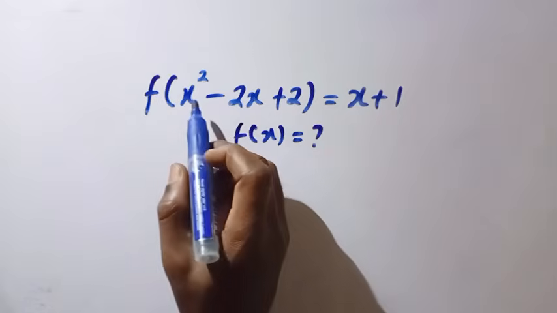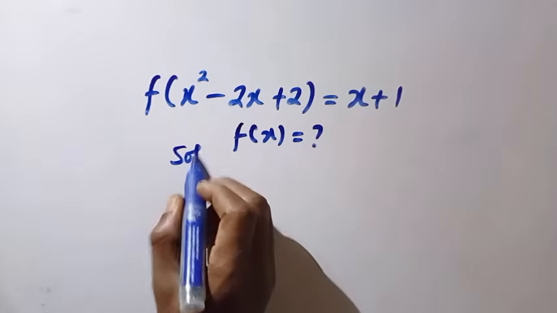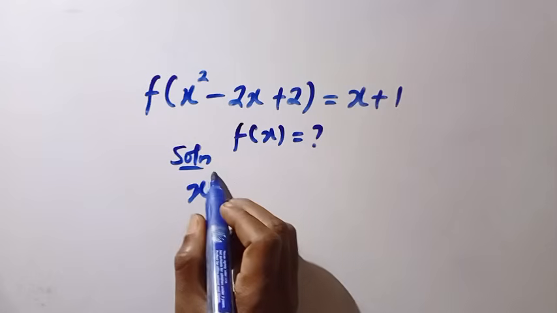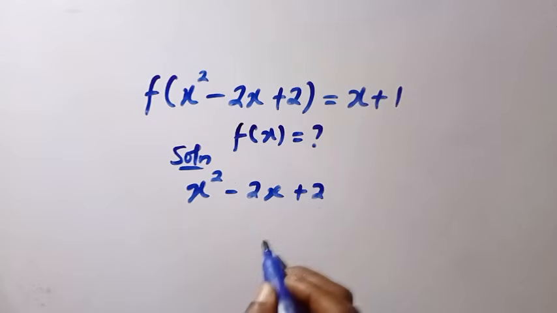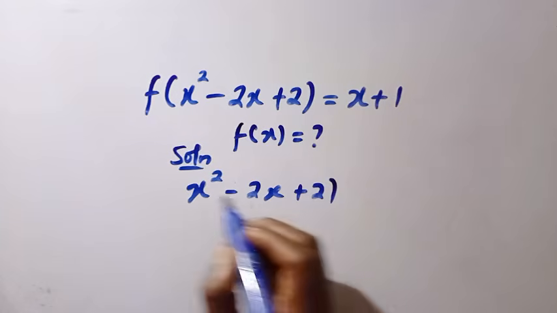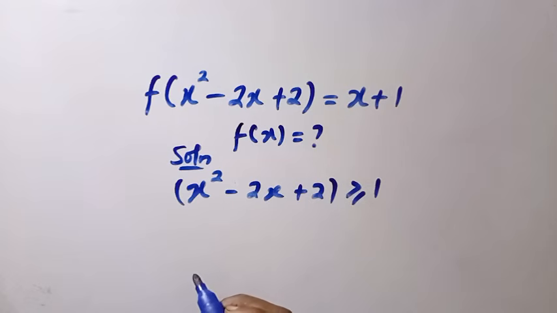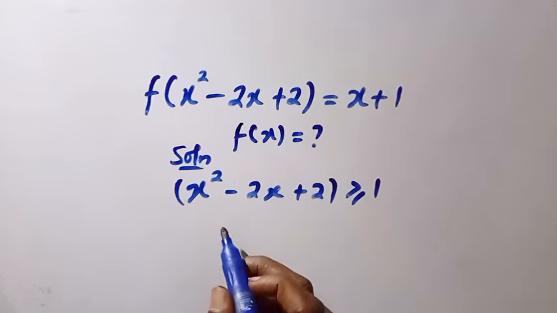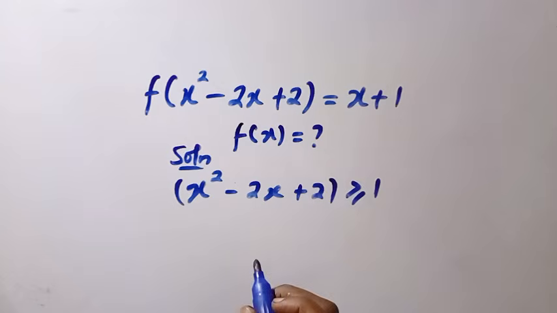But looking at this domain, we have x squared minus 2x plus 2. The whole of this is greater than or equal to 1. Any values that we plug in here must be equal to 1 or greater than 1.